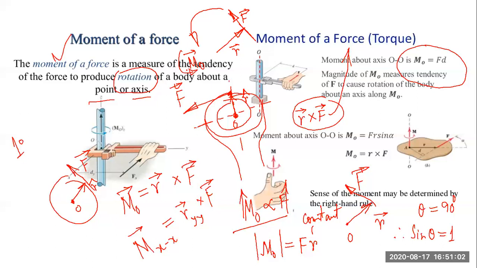What is the effect? The effect is the cork is opening, and the more it is opening, the more it is shifting towards the positive y direction. That means it is lifting up.